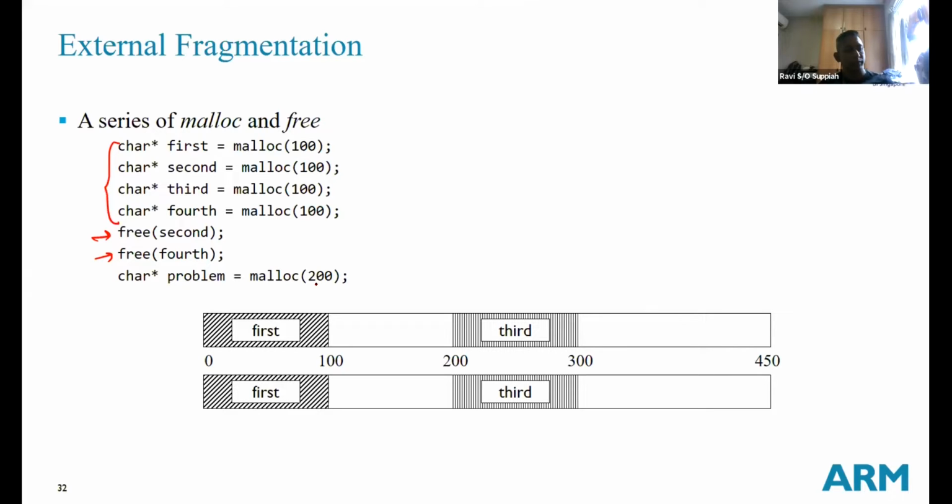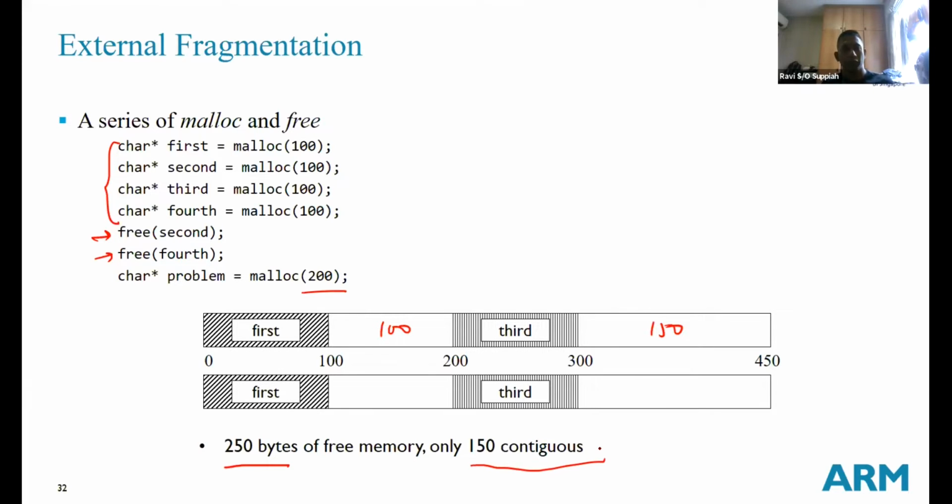When I do this allocation, what happens? Even though I have 250 bytes of free memory, 100 over here and 150 over here, I cannot do the allocation because only 150 is contiguous. So this is the issue with fragmentation.